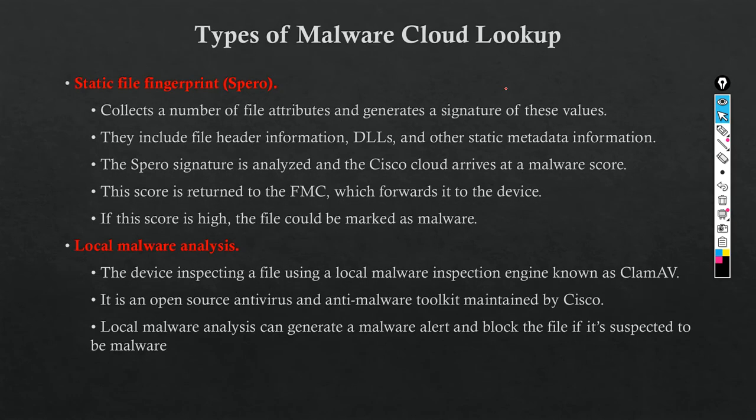Great. Types of malware cloud lookup. There is a static file fingerprint called Spero. What is Spero actually? Spero is not working with hashing. It's not calculating the SHA. First of all, you have to know that Spero works only with executable files related to Microsoft.